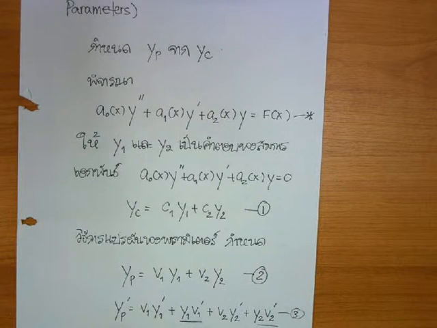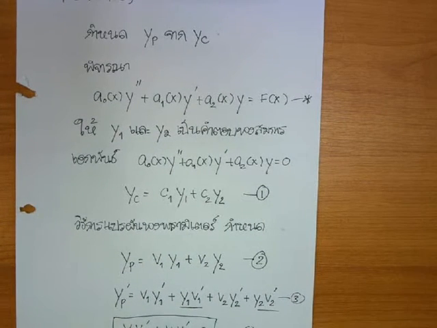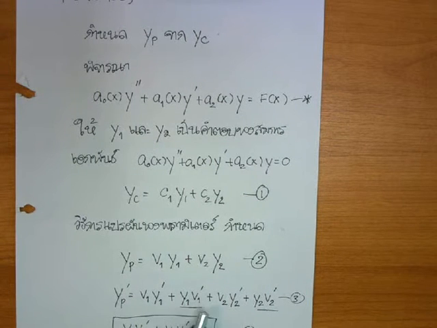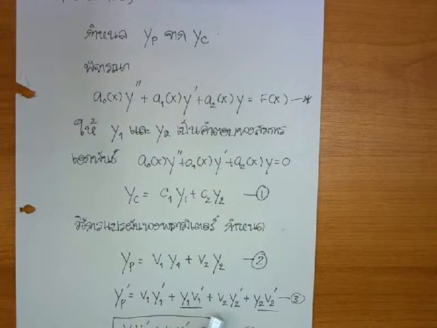With this method, we don't want the second derivative of v1 and v2. If you take the second derivative of yp, you would get the second derivative of v1 and v2, but we don't want that. To get rid of those terms, we have to put in another assumption.